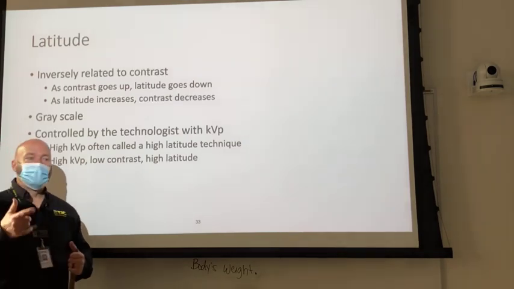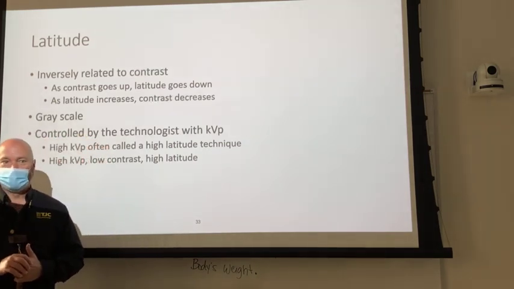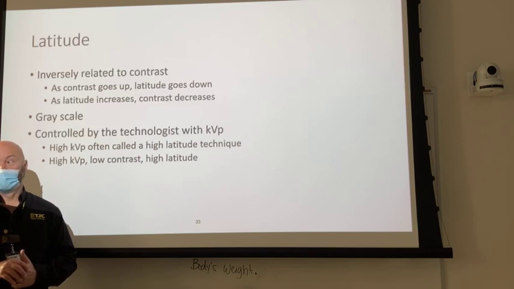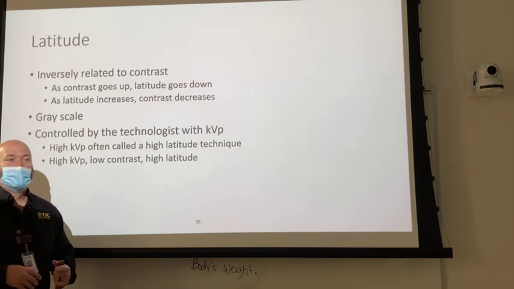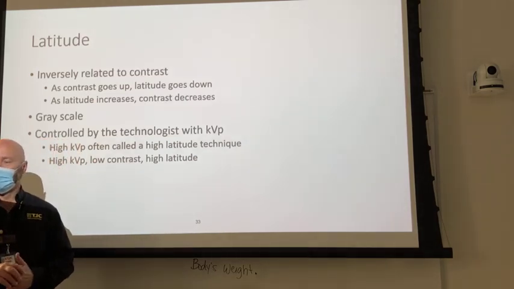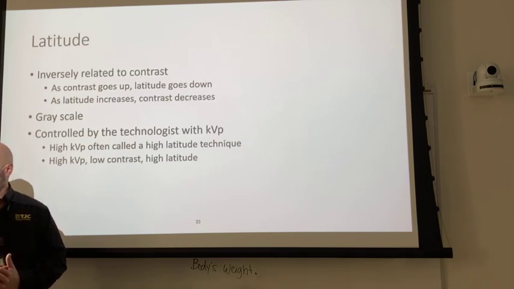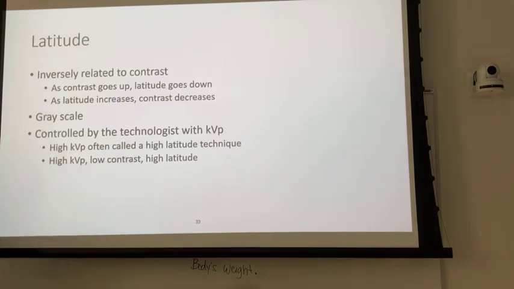All right, so you back your KVP down by 5 KVP, and what do you have? No X-ray, right? But you increase your KVP by 5, what do you have? You have an X-ray. You increase it by 10, you have an X-ray. You increase it by 15, you have an X-ray, right? So you have more latitude with a higher KVP than with a lower KVP.